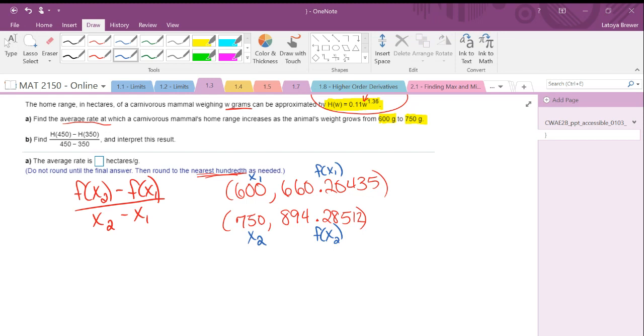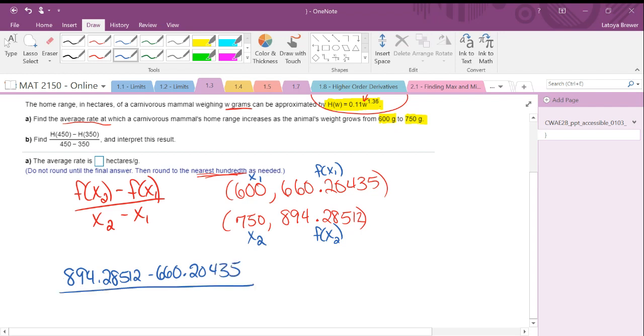And I'm going to take those values and substitute them right where they belong into the expression that allows us to find the average rate of change. So that would be 894.28512 minus 660.20435, divided by 750 minus 600.